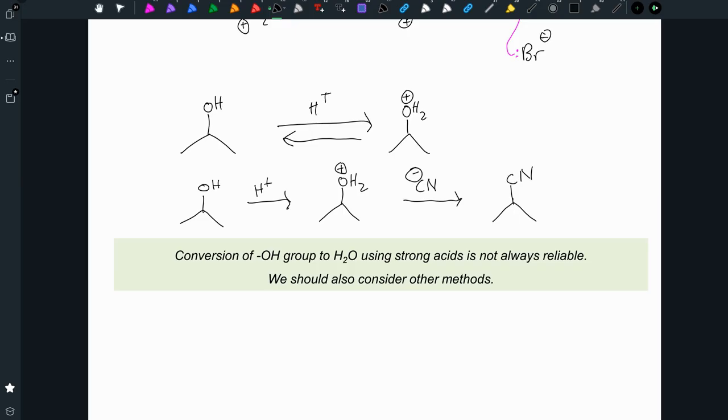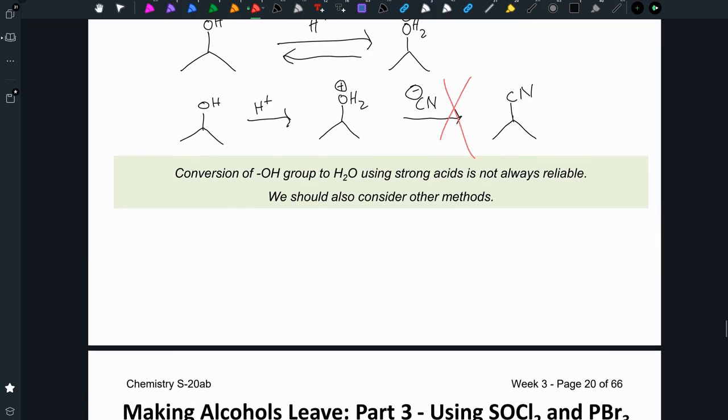And that definitely won't work. I can tell you right now, this sequence definitely does not work. Why is that? Well, if you think about it, if I have a protonated alcohol and I react with CN minus, the pKa of this protonated alcohol is about -2.